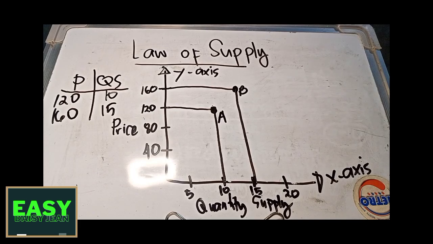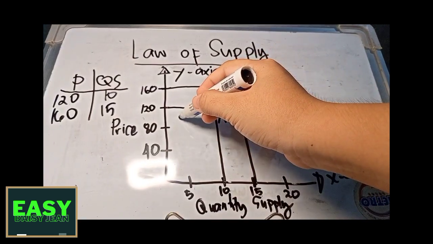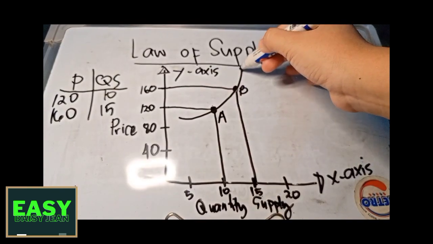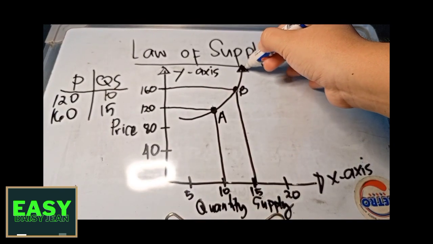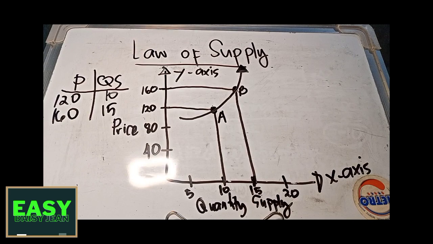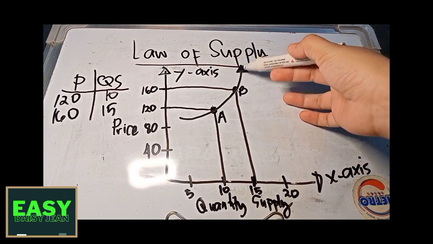So, because of the word upward sloping supply curve, you are to draw the curve from point A to point B with an arrow pointing upward. Okay? So, that is your supply curve, your upward sloping supply curve.